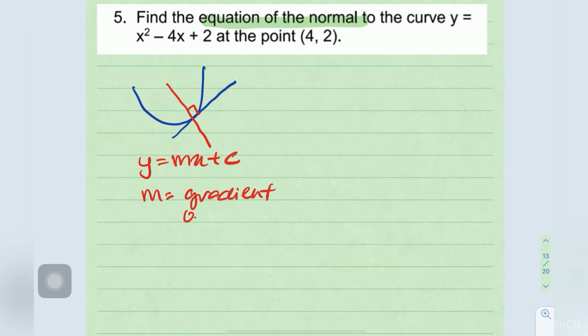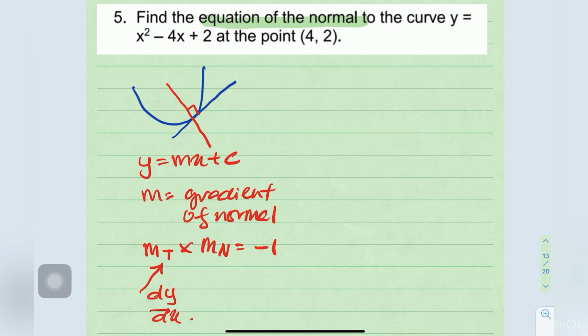Gradient of normal. Okay, so to find gradient of normal, you can use formula gradient of tangent times gradient of normal equals to negative 1. So therefore you must find gradient of tangent first. Gradient of tangent is dy dx. So now you have to find dy dx first.